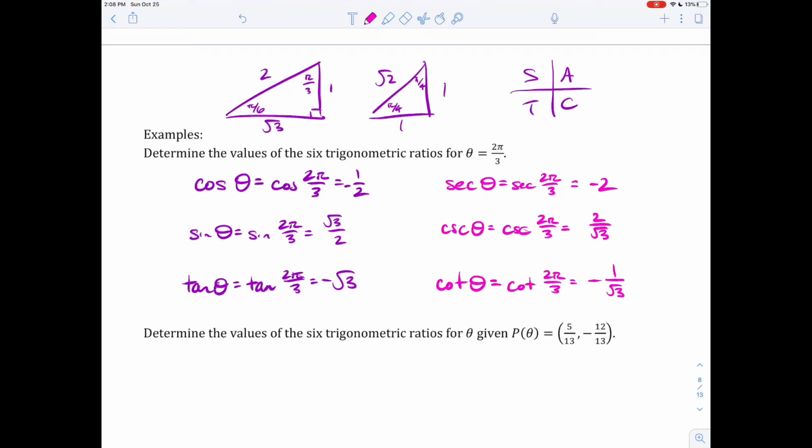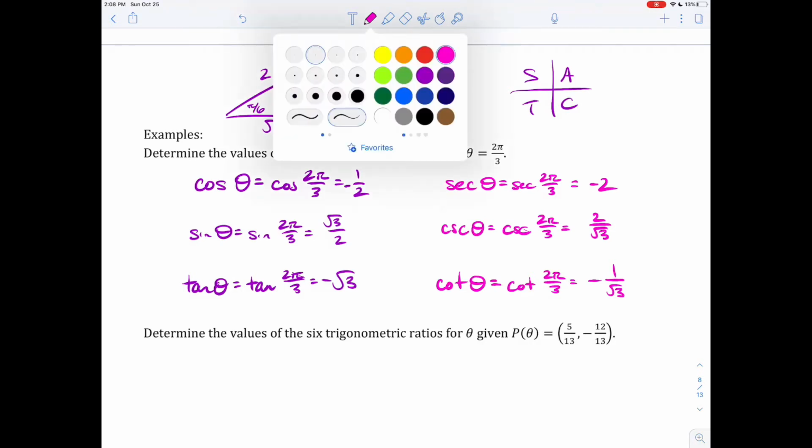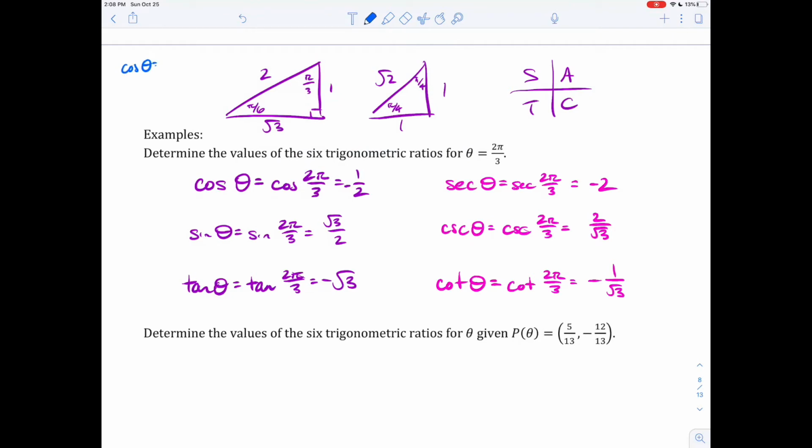I suppose it's worth pointing out that if you have something like cos theta is adjacent over hypotenuse, then its reciprocal function, secant of theta, would be hypotenuse over adjacent. Because these are reciprocals of each other. And similarly, if sine theta is opposite over hypotenuse, then cosecant of theta would be hypotenuse over opposite.